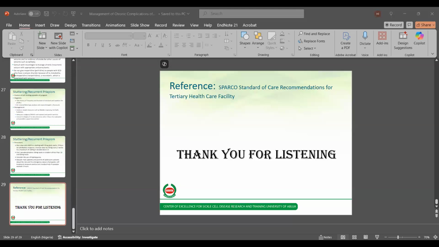Well, I'm sure data will not be lacking, but from my personal experience, pentazocine is the most common drug being abused by sickle cell disease patients.